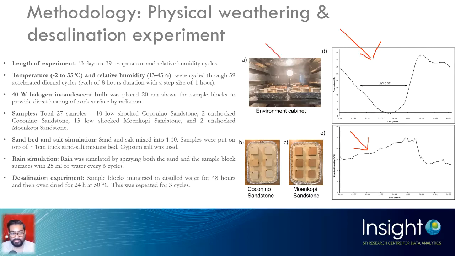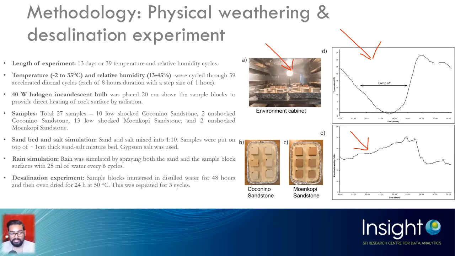We also put a 40-watt halogen bulb 20 centimeters above the sample blocks in order to provide direct heating of the rock surface by radiation. There were 27 samples: 10 samples of low-soak Coconino sandstone and 13 samples of low-soak Moenkopi sandstone. 2 unsoaked samples from both Coconino and Moenkopi were selected.